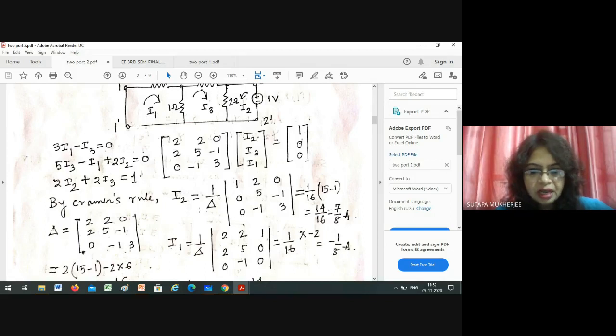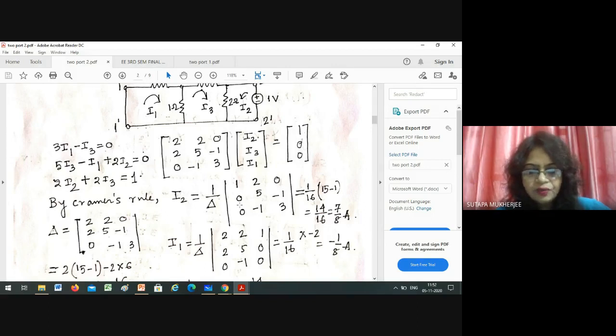So this is I2 equals 1 by the determinant of the total matrix. For I2, the first column will be replaced by the right hand side.